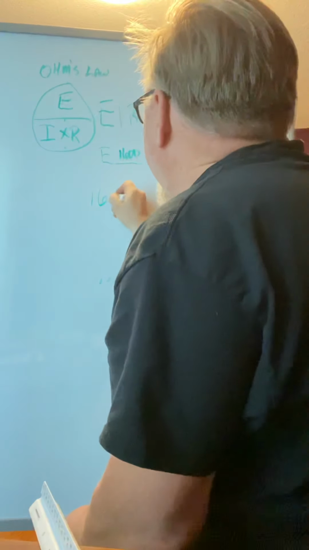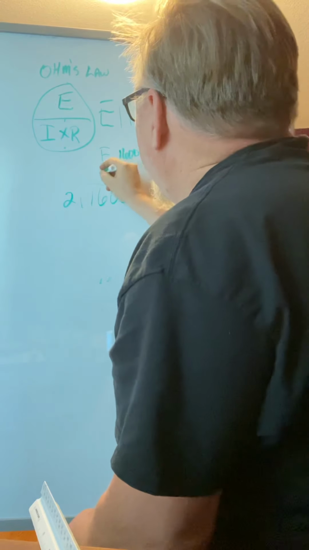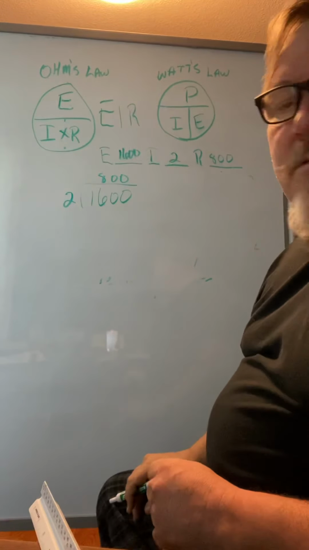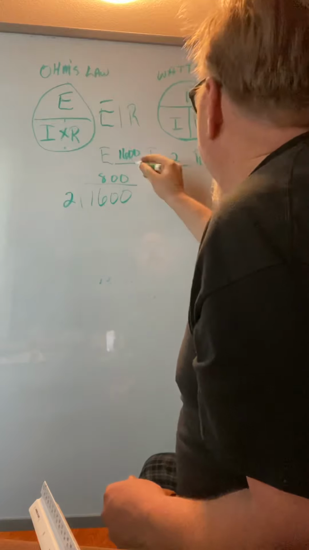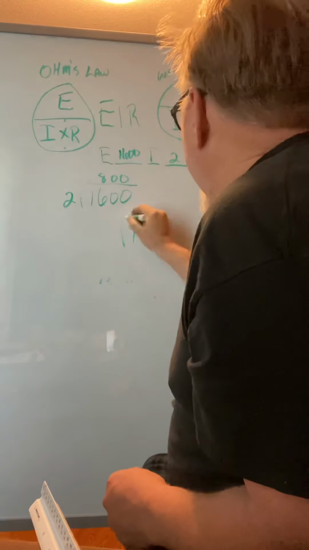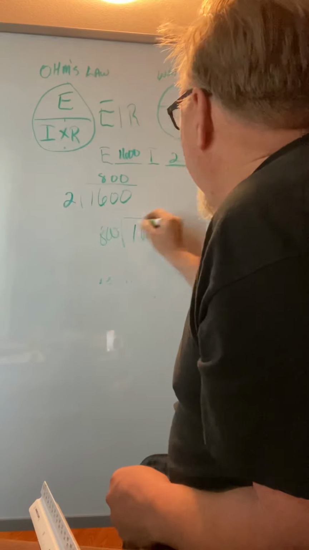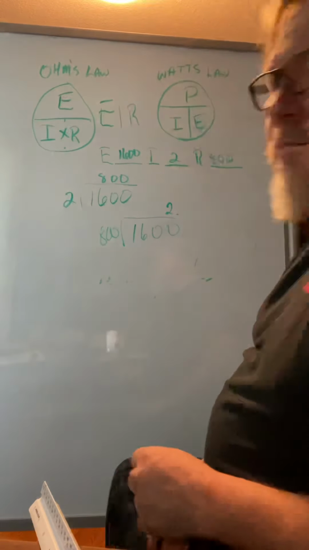We take the 1600 and we divide that by our 2, we get our 800, which is what that number is right there. If we want to do it the opposite way, we can do the 1600 divided by 800, and that's going to be 2.